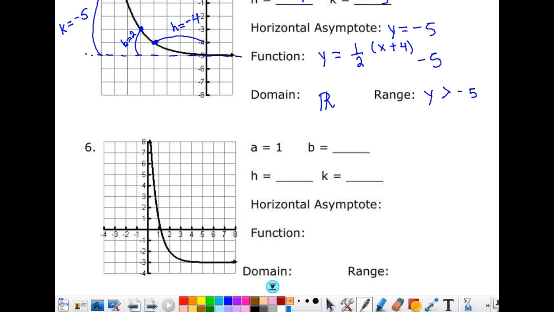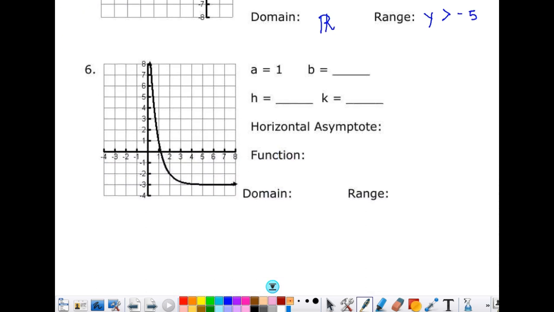Okay, last. Y'all want to see if y'all can do the last one by yourself? Okay, y'all try it, and then I'll do it real quick. Be careful on that second point.